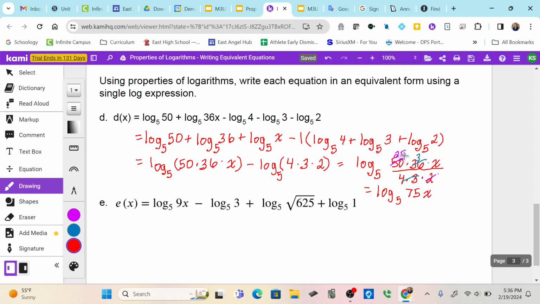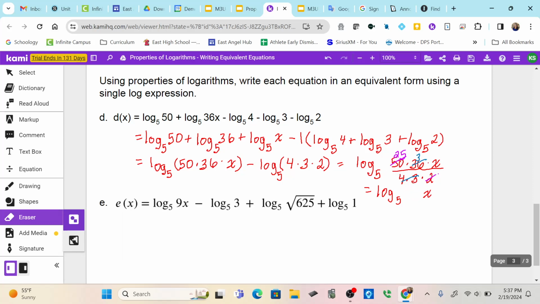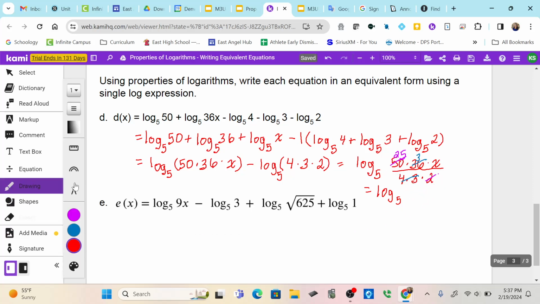But if I go back and look at what I had previously, the 25 times 3 times x, and I know that my base is 5, and I know 25 is a power of 5, I could just write this, because I have a product, as log base 5 of 25 added to log base 5 of 3x.